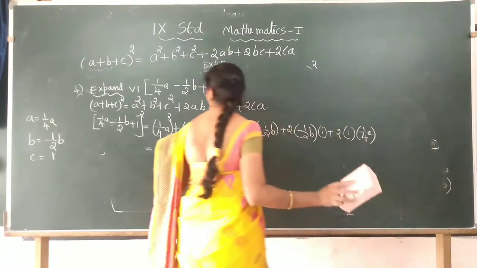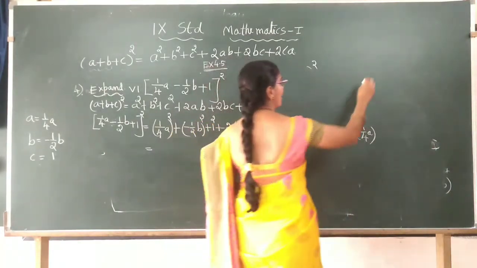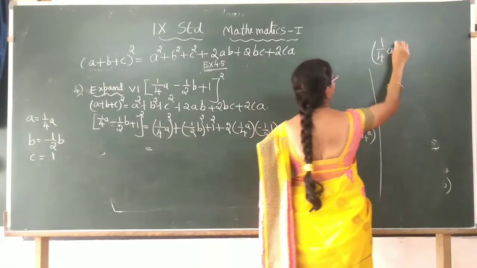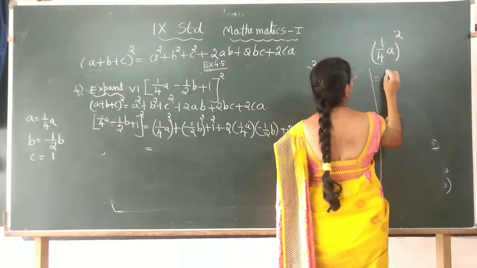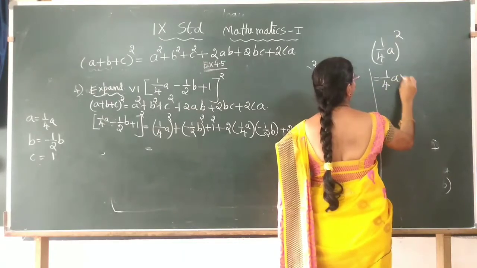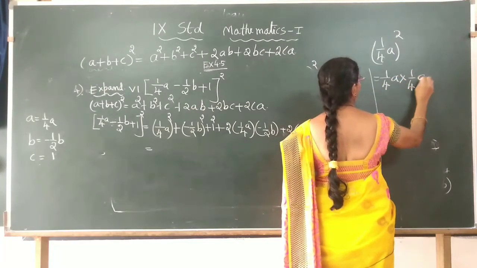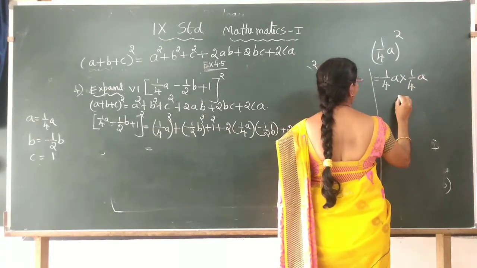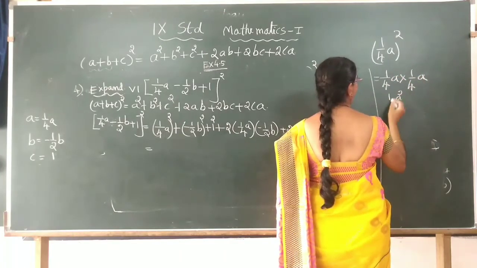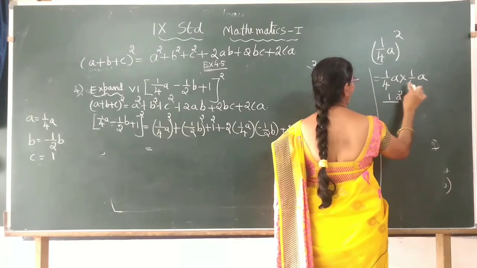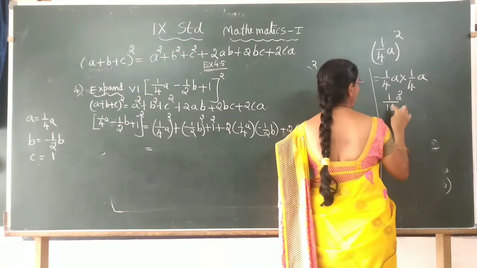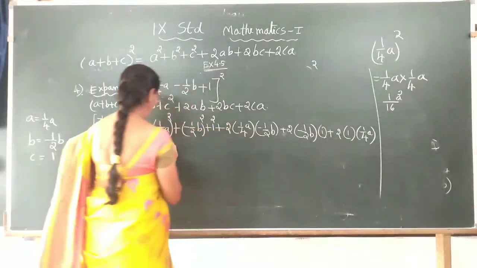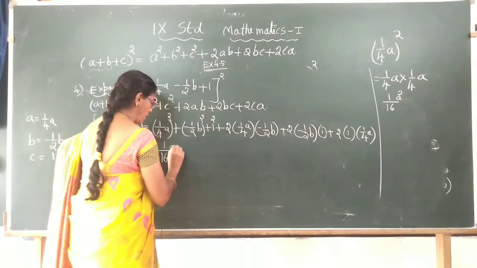So now, rough work: 1/4A, its square, is 1/4A into 1/4A. A into A is A square, and 4 into 4 is 16. So 1/16 A square.